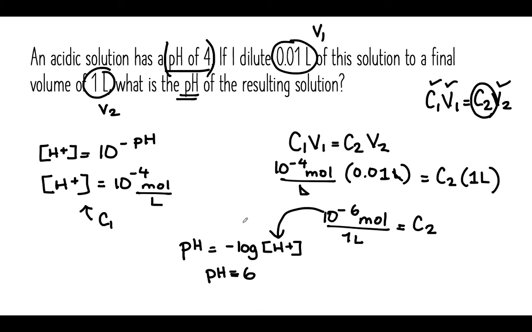And that's okay because the concentration of this solution has changed. We solved for the second concentration, and then we have to solve for the pH with that second concentration. The significant digits in the numbers in my question are all 1, which means that my answer has to be rounded such that there's 1 significant digit, which this number does have.